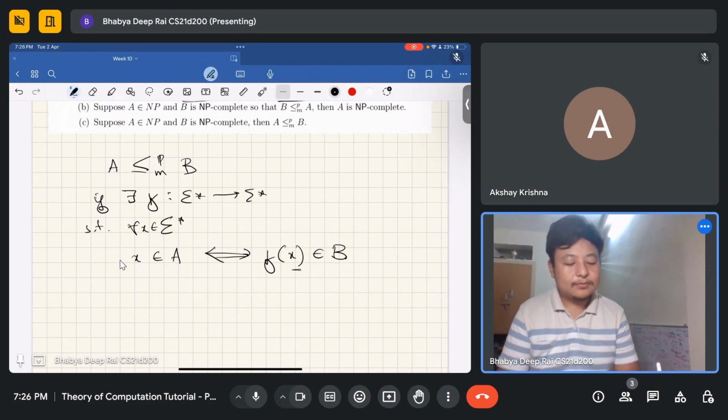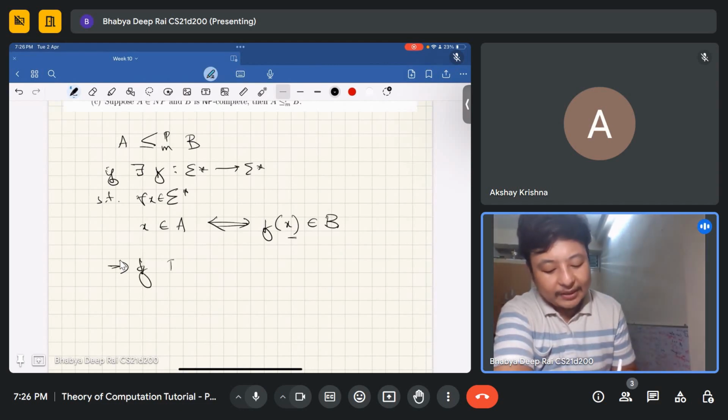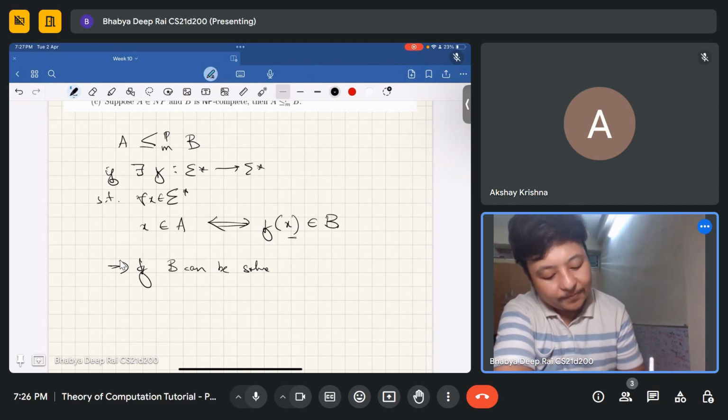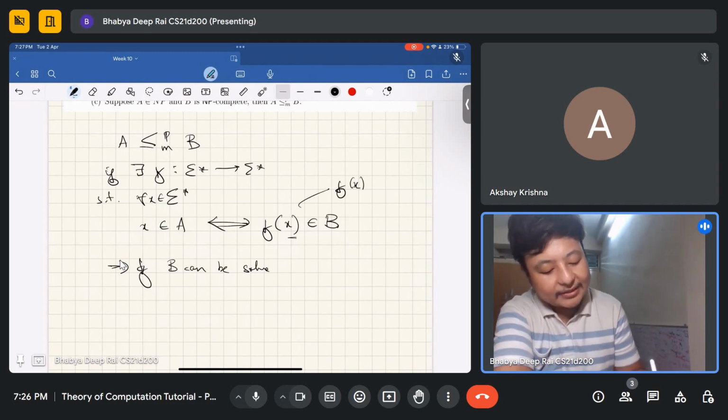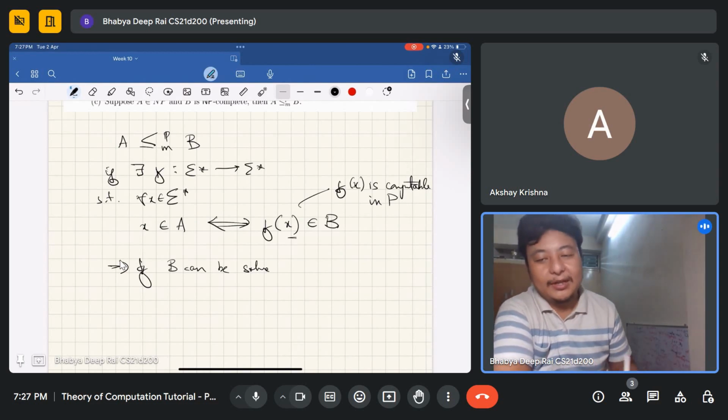Now, what does this mean? Furthermore, F of X is computable in P by a polynomial time deterministic Turing machine.